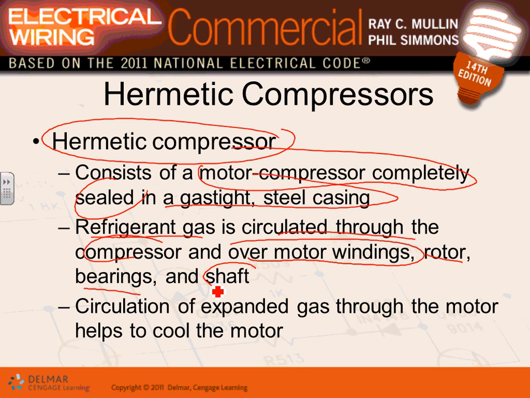What's in it for you, Derek? If you take the refrigerant over the motor shaft and winding, you cool the motor. Who cares? If you cool the motor, you can overwork it. Enemy number one, current of electricity is heat. If you can cool the systems, you can make them work harder. So hermetic compressors can be horses, working very hard because you're cooling them. Part of the process is that it cools itself.